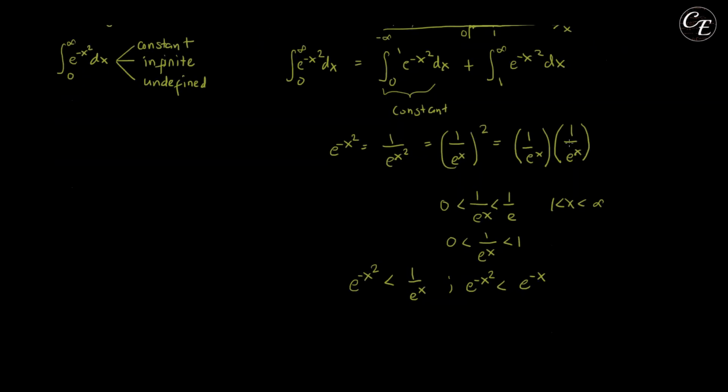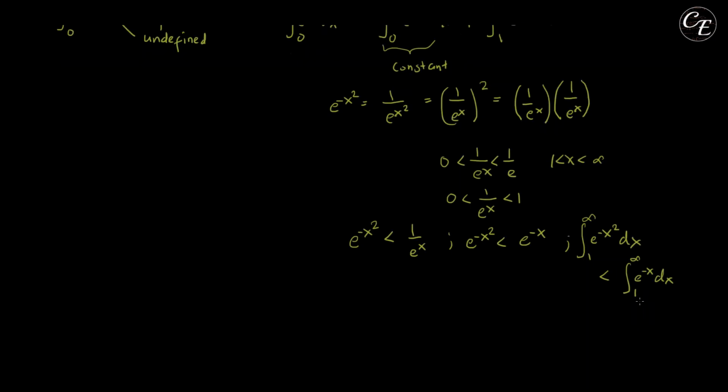So we have here the integral of e raised to negative x squared dx is less than the integral of e raised to negative x dx from 1 to infinity.